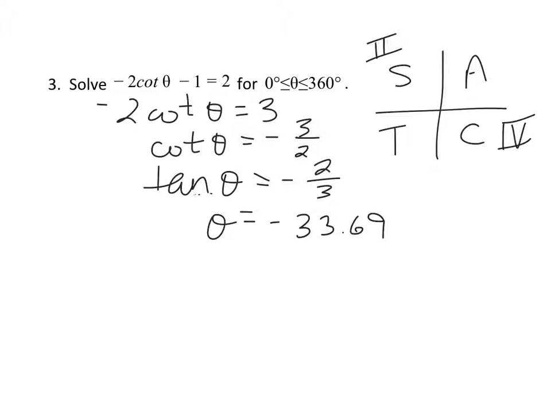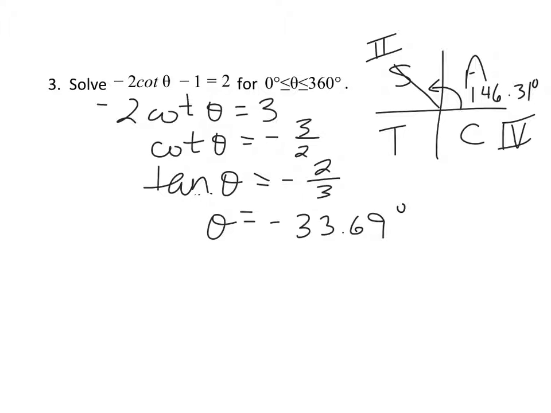So our related angle is 33.69. And it's going to be in quadrant 4 and quadrant 2. Our related angle in quadrant 2 is going to be 33.69, and our terminal angle is going to be 146.31. The other related angle is going to be down in quadrant 4.